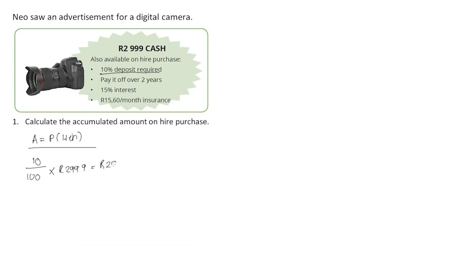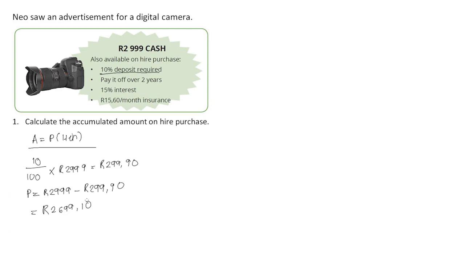This gives us a value of 299 Rand 90 cents. Therefore, the principal amount is the original value of the product minus the deposit paid, and this in turn gives us a value of 2,699 Rand and 10 cents.